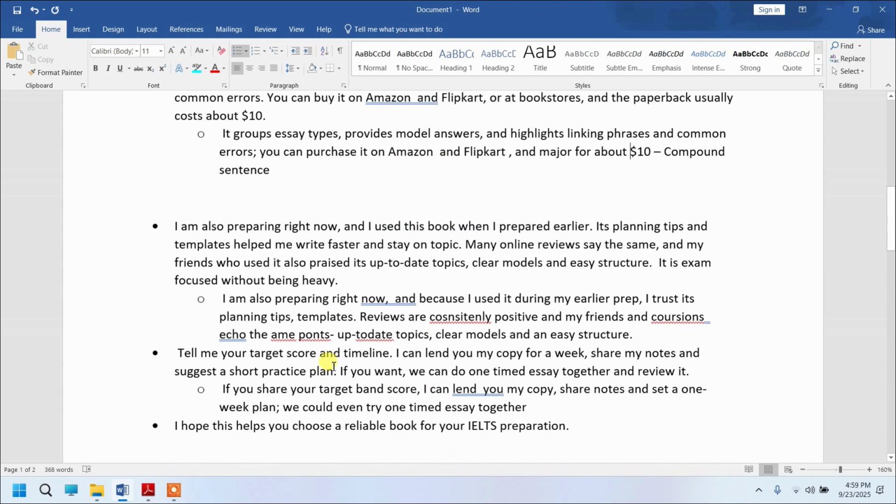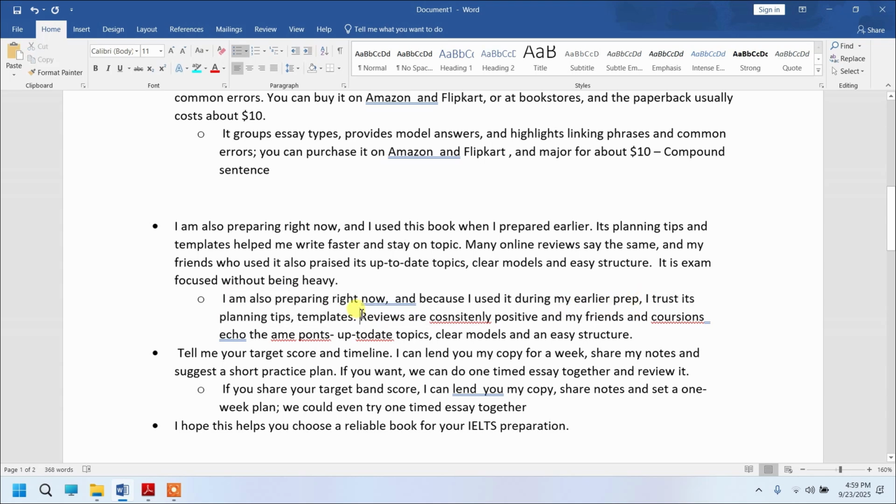Now coming to my third one: I'm also preparing now, and because I used it during my earlier prep, I recommend it for a quick planning routine. Now this is compound complex. Why? Because we have two independent clauses and one dependent clause. Okay, because I used it, this is dependent, this is independent, and this is independent.